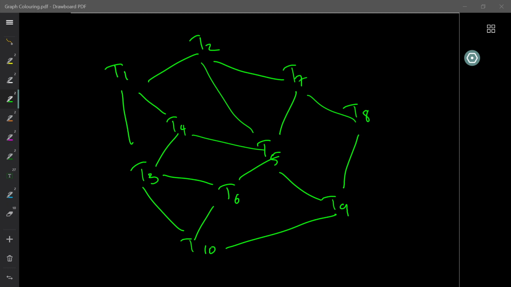Why complete? Sir, because if they want to attend 3 talks, we have to have an edge between all the 3 talks so that none of them get the same color. So we can't have stars.